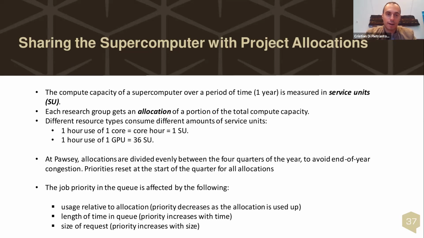As a rough estimate, you can think of the total number of CPU cores on the supercomputer multiplied by the total number of hours in a year, and that gives you the capacity of the supercomputer in service units. Then we need to partition this quantity across researchers every year. That is, each research group gets an allocation of service units, a portion of the total compute capacity.